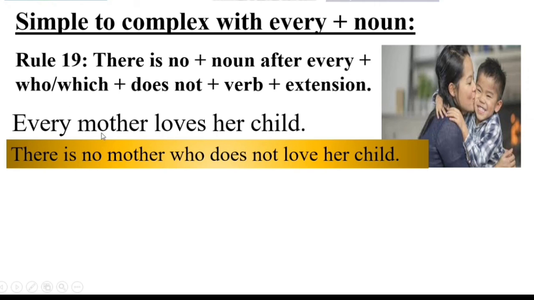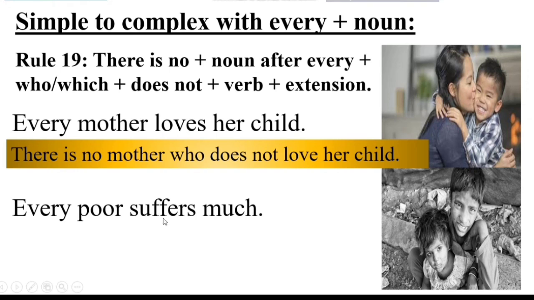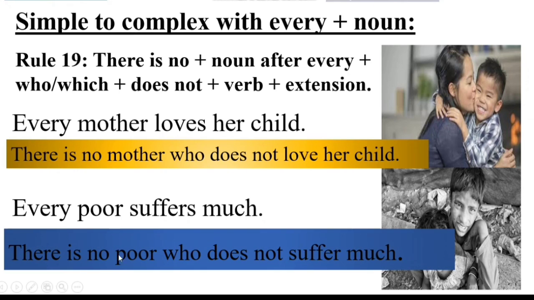When the subject is a person we use who, and when the subject is a thing we use which. And then doesn't, and then verb and extension. Every poor suffer much. There is no poor who doesn't suffer much.